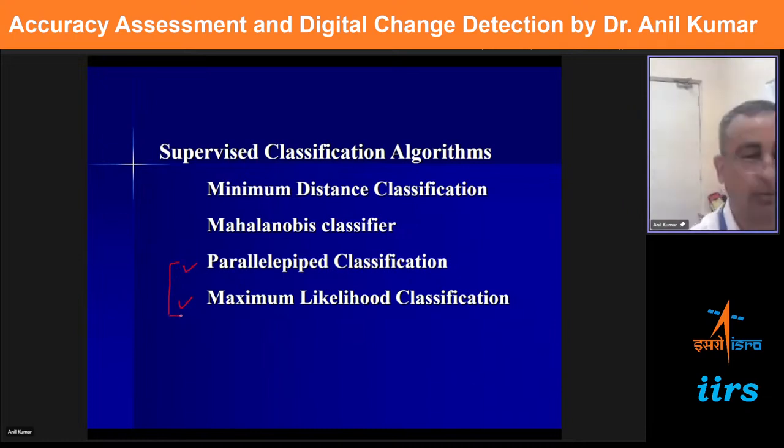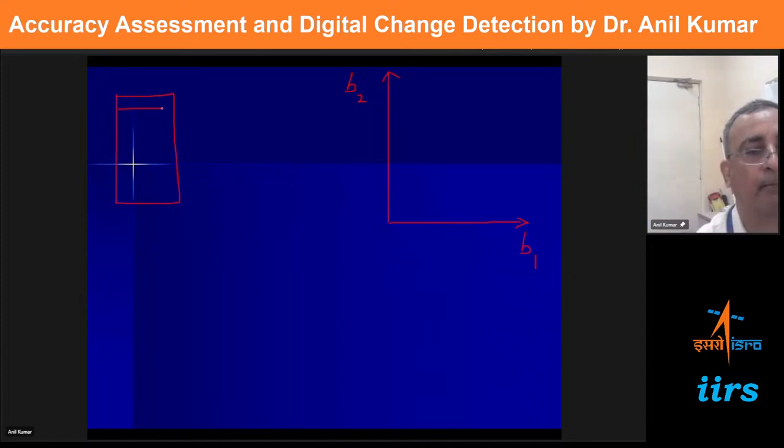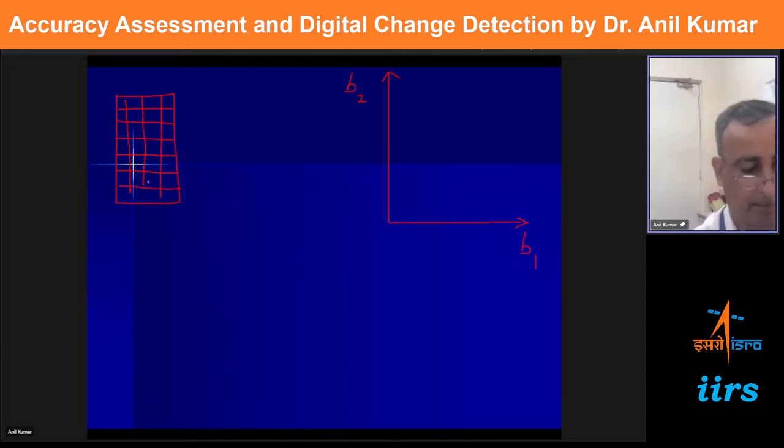If you look into how we see the image: if we have a two-band image, we can plot the image in a feature space of two dimensions. Here on the x-axis we have band 1, and here on the y-axis we have band 2.